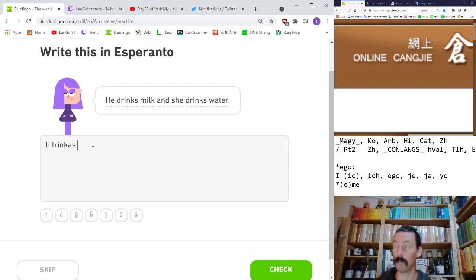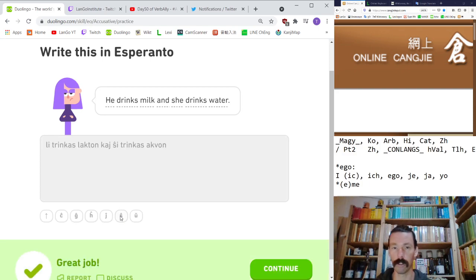Which is how the Scandinavian languages do it too, very elegantly. Lakton. So think of lactose, milk sugar, and kaj, which is from Greek. Trinkas, kaj ŝi, pronoun, feminine. Trinkas akvon. Li trinkas lakton, kaj ŝi trinkas akvon.